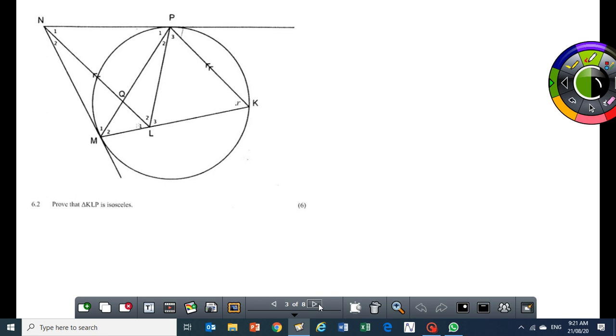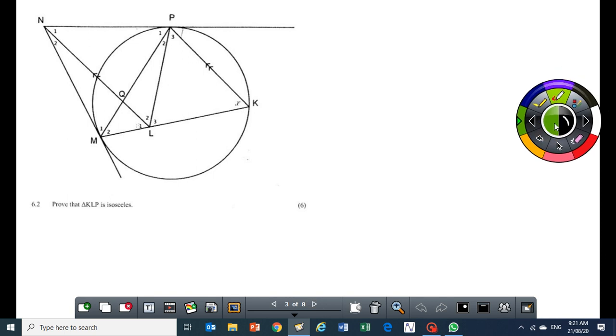So in 6.2, we now need to carry on to prove that KLP is an isosceles triangle. KLP is that triangle, so we need to prove that it is isosceles.